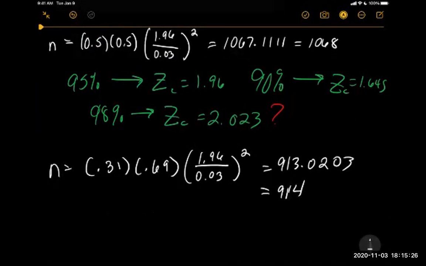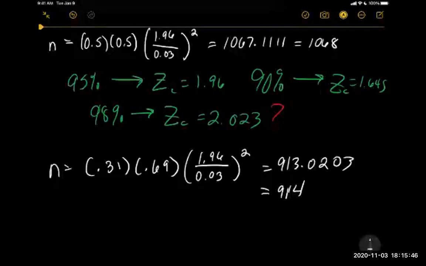And so if I was running a political campaign and I wanted to know how many people are going to vote, how many people do I need to survey to find out how my candidate's doing, then I would need to survey 1,068 people if I had no idea how people were going to vote.